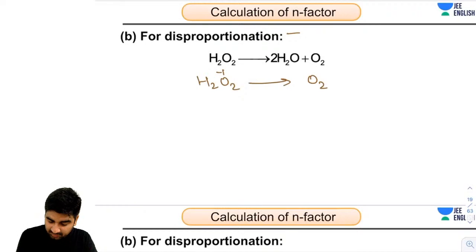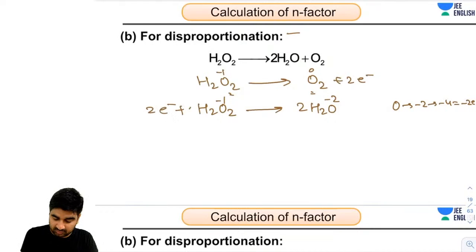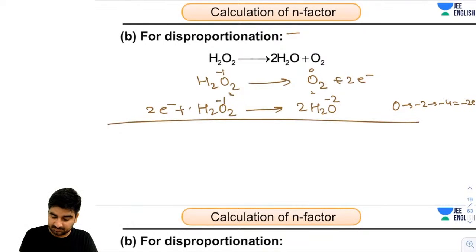Here oxygen is having -1 and here it is 0. So there are two oxygen. So 2 will have -2 to 0, 2 electron. And again when I will be balancing it, you will be getting 2H2O. So -1 to -2. So just balance it. So oxygen is going -2 to -4 and difference would be -2. Two electron are here. Now just add them.